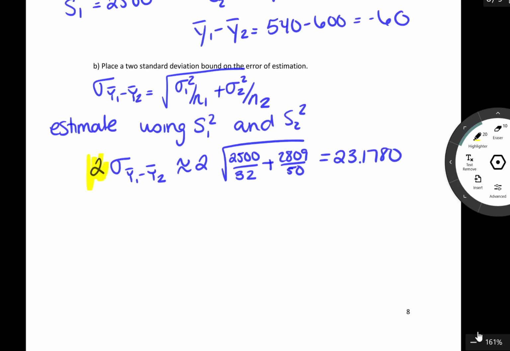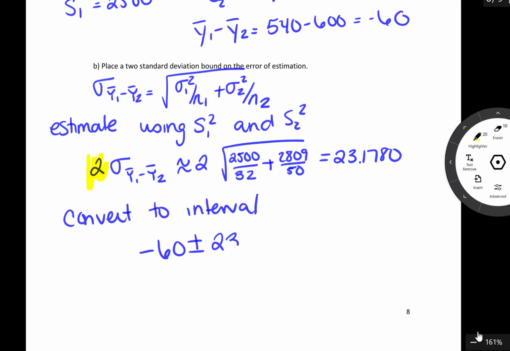We can convert this to an interval. We would have negative 60 plus or minus 23.178. So really what we've done here is construct a confidence interval.